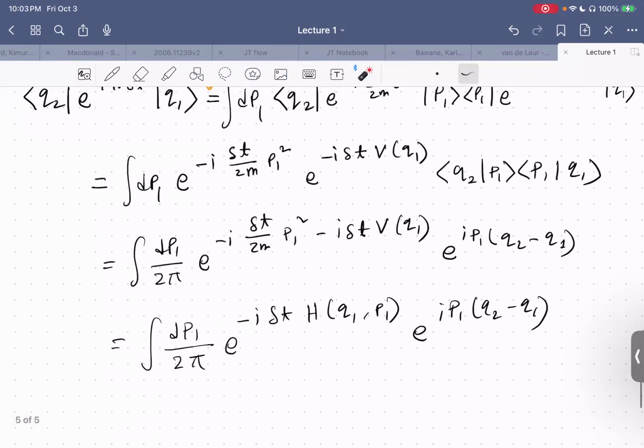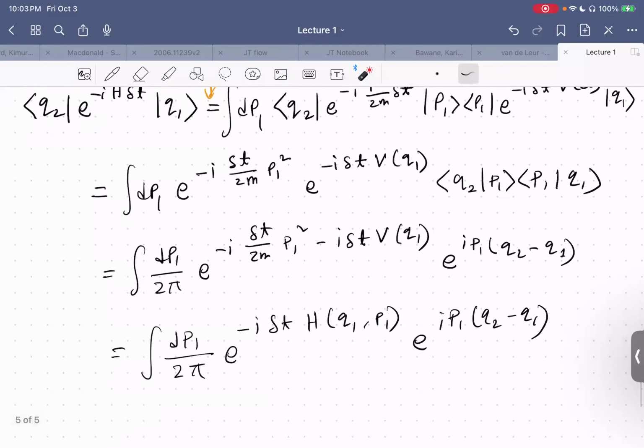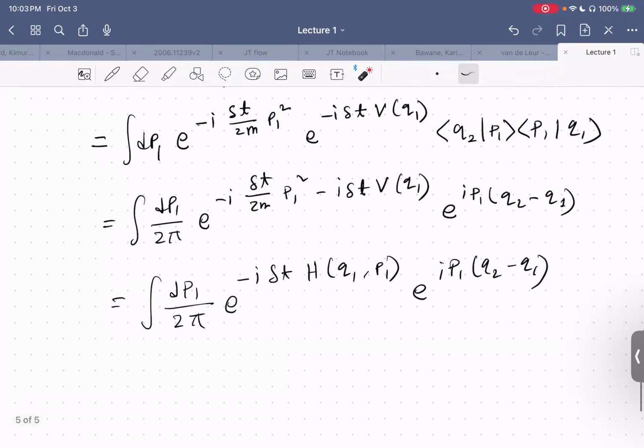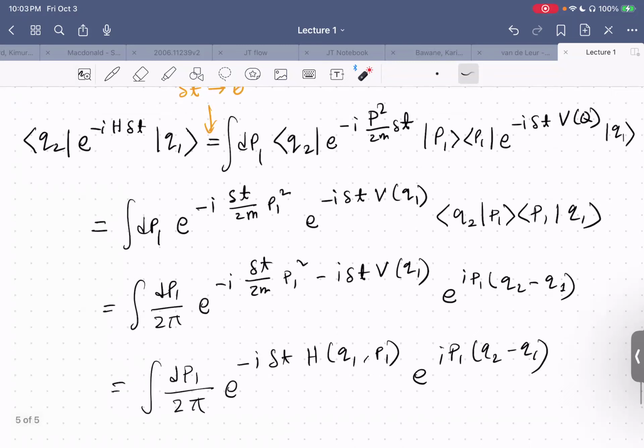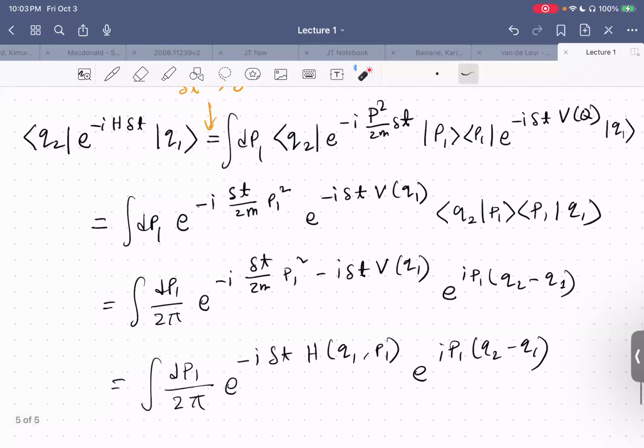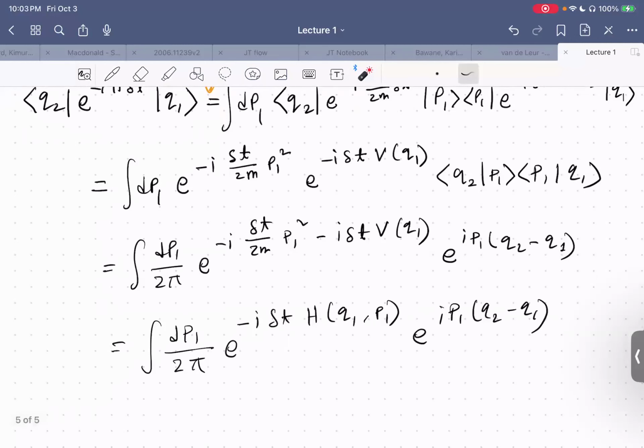To make contact with some standard conventions used in the literature, we are going to make a slight modification to this computation. I'm not going to go into much detail about where that comes from rigorously, but let me first mention what it is. In this expression, you have the Hamiltonian written entirely in terms of Q1 and P1.